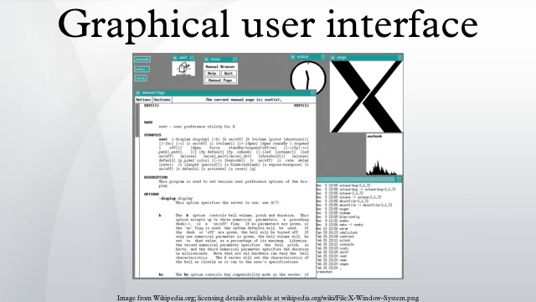Apple, IBM and Microsoft used many of Xerox's ideas to develop products, and IBM's Common User Access specifications formed the basis of the user interface found in Microsoft Windows, IBM OS/2 Presentation Manager, and the Unix Motif toolkit and window manager. These ideas evolved to create the interface found in current versions of Microsoft Windows, as well as in Mac OS X and various desktop environments for Unix-like operating systems, such as Linux. Thus most current GUIs have largely common idioms.